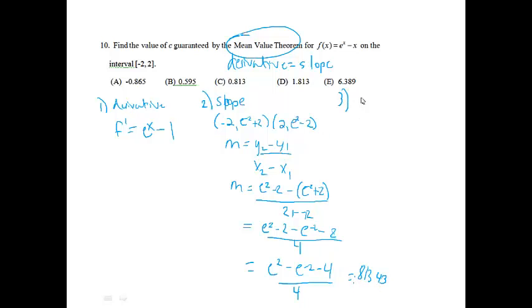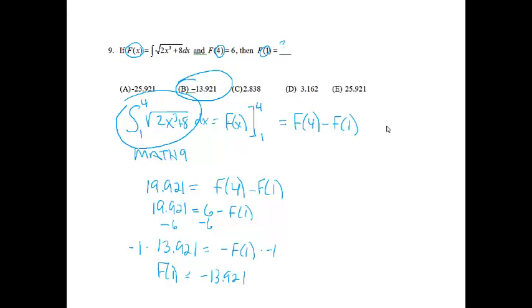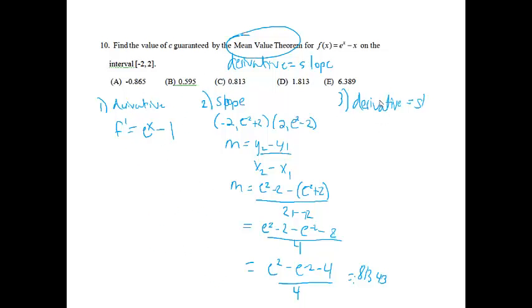And then the third step is we want to take the derivative and set it equal to the slope. Let's go back to my problem. Okay, equals the slope. So the derivative is e to the x minus 1, and I'm going to set it equal to the slope, which is 0.81343. And then I'm going to add 1 to both sides. So e to the x will equal 1.81343.